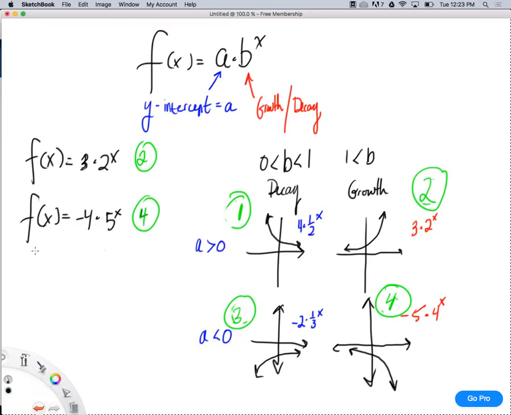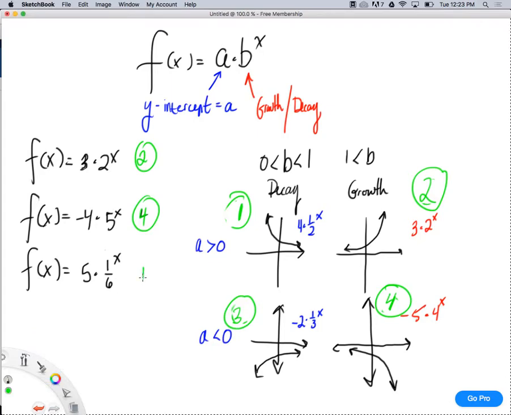Okay? Next. f of x equals 5 times 1/6 to the x. Which graph will this correspond to? 1 through 4. Good. Well, it's positive, so I know my graph is on the positive side of the x-axis. And this is less than 1, so I know it's decay, so it's graph number 1.